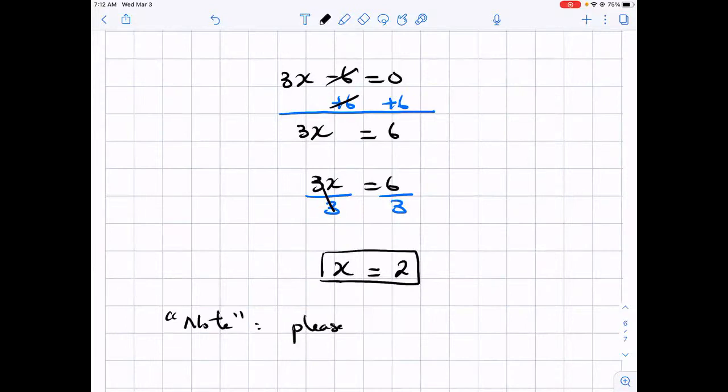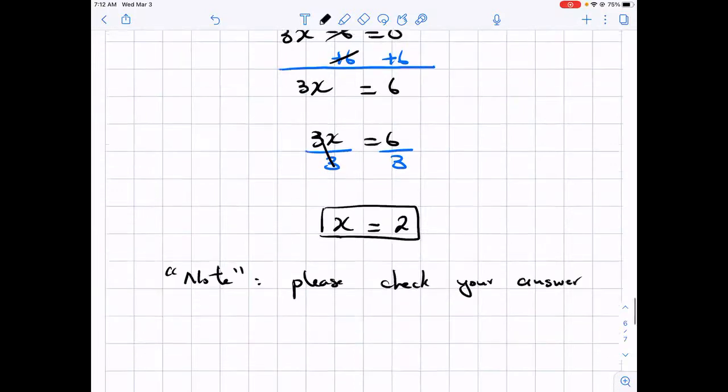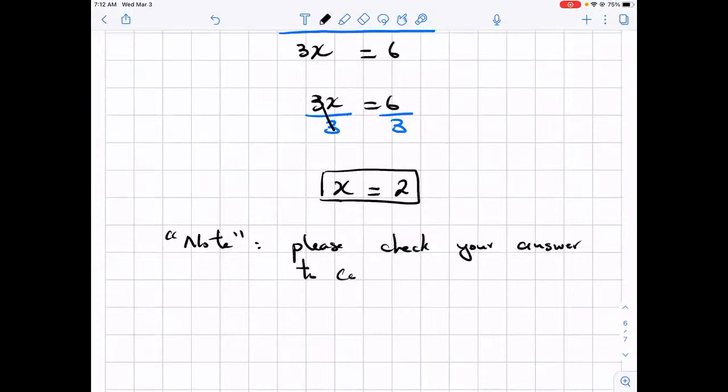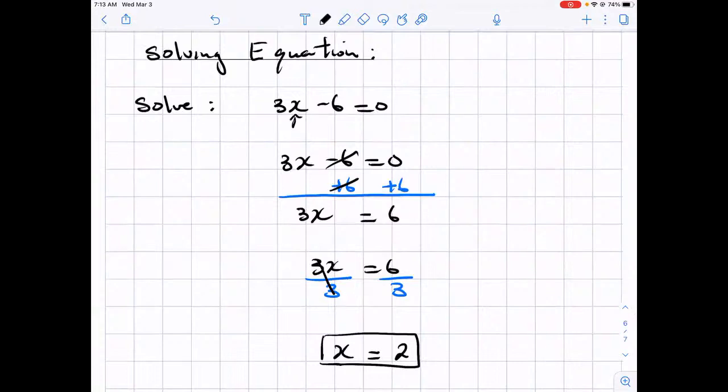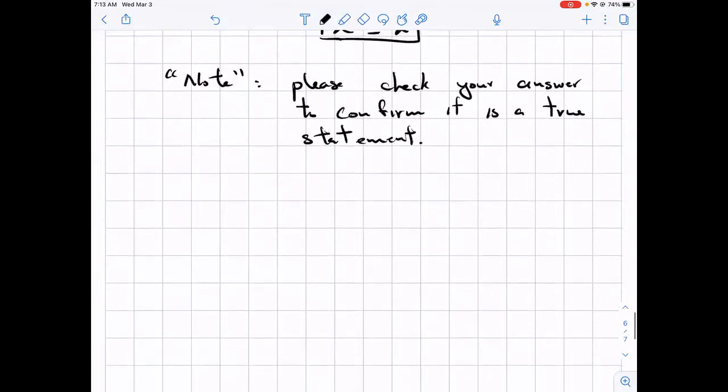Please check your answer to confirm it is a true statement. I'm going to leave the checking part out for you to do. All you're doing is replacing x with 2. So that's the idea of checking.